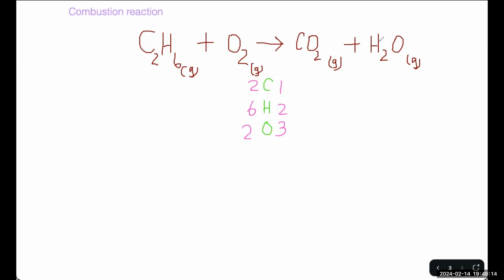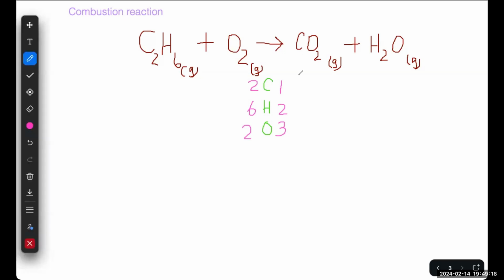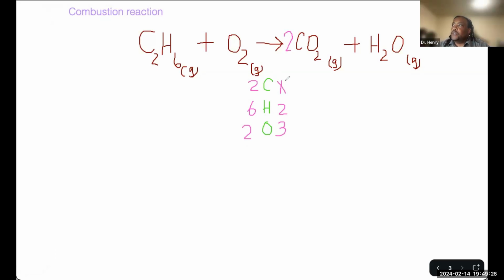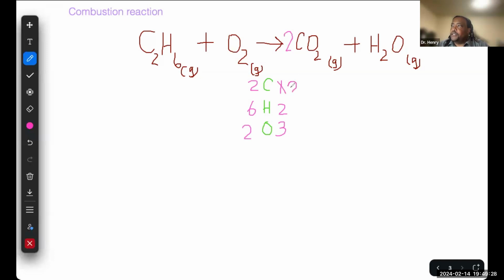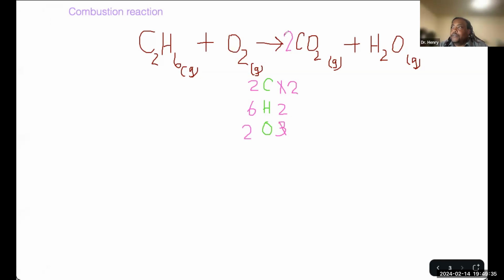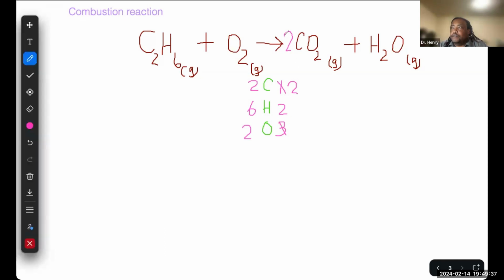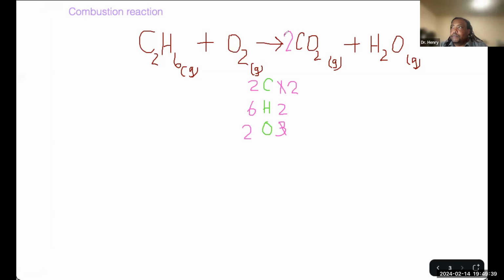I tried balancing the carbon. I placed 2 in front of the carbon at the product side. Okay, so then that means that we did it with 2 carbon. How many oxygens now? Let's see.